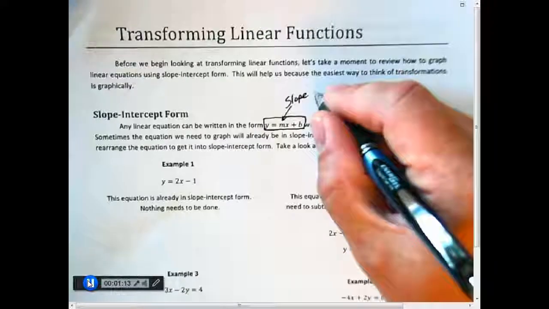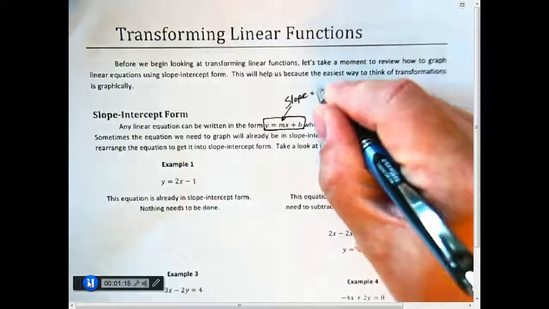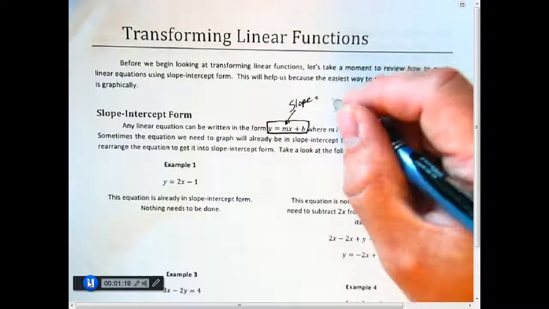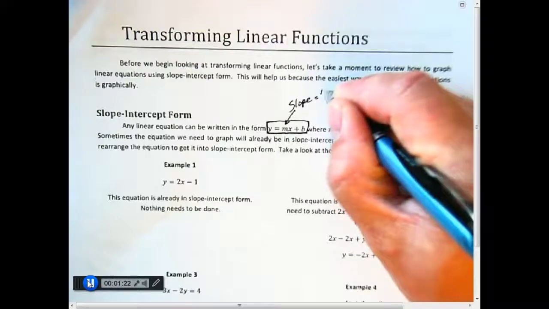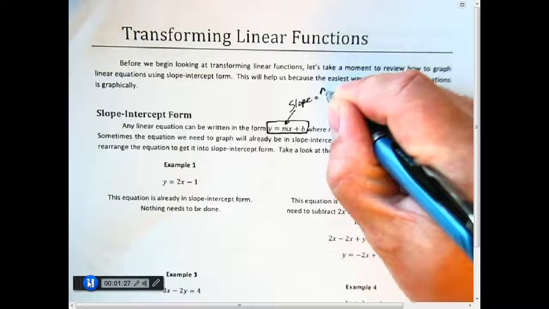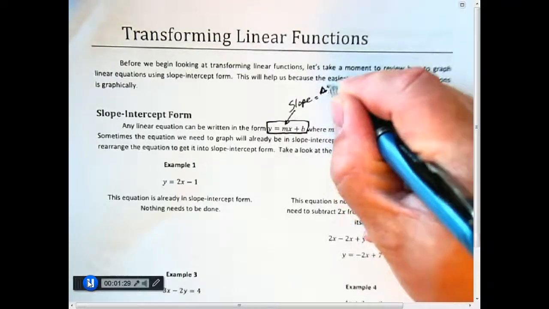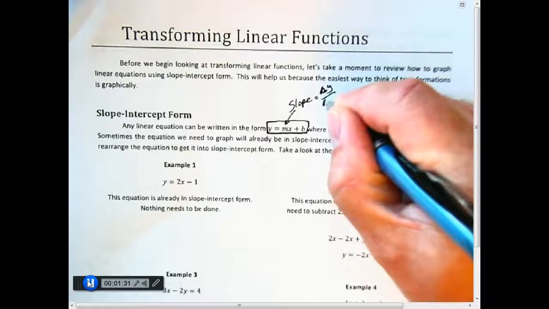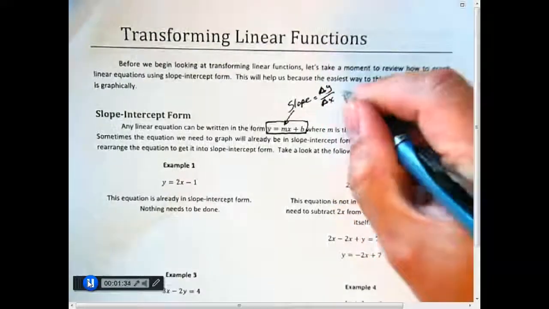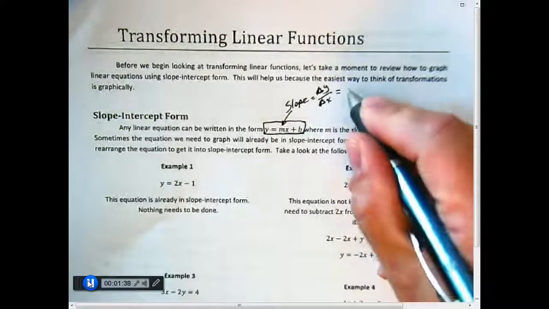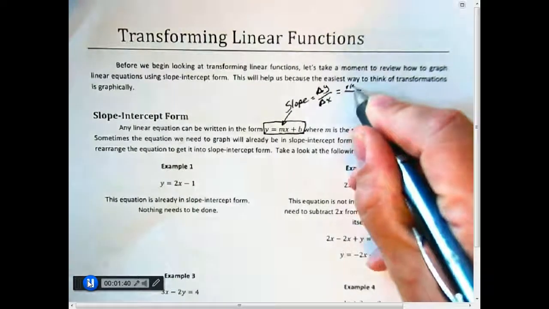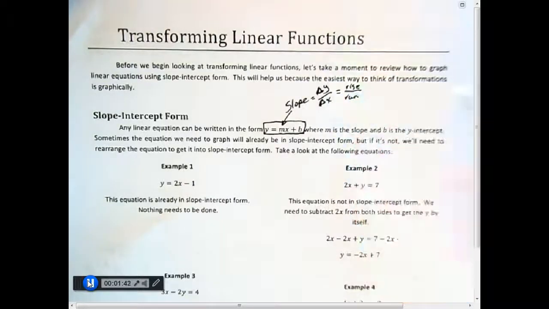Another name for slope is... Someone said y over x. It's almost y over x. It's actually change in y, so delta y over change in x, delta x. Also known as rise over run.